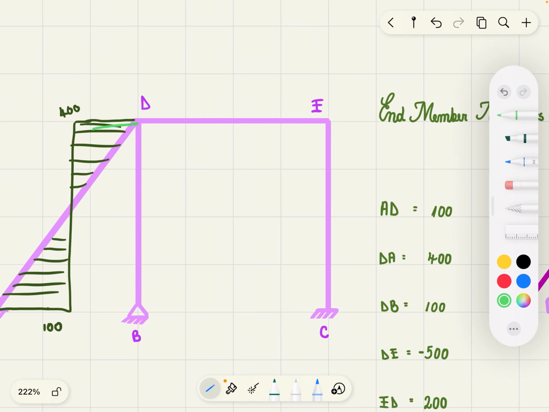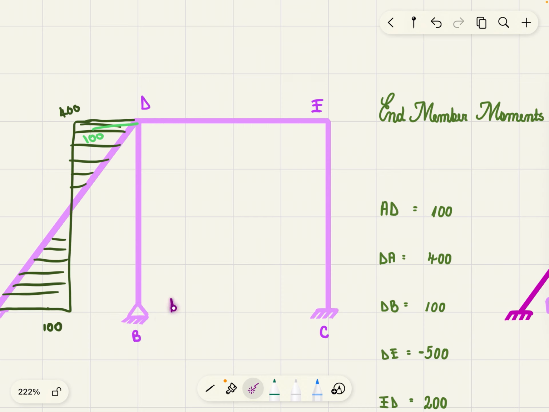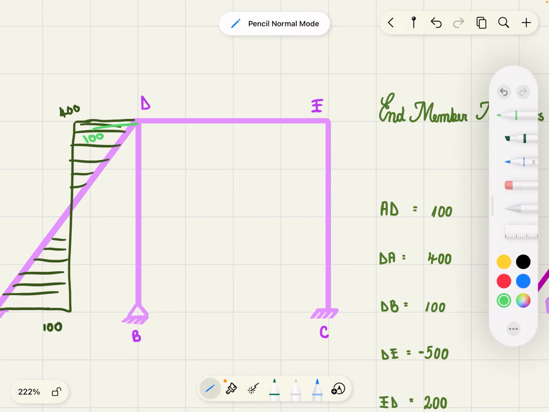So that was 100. And now what about from B to D? We don't have any value of moment because at B we have a pinned end, and moments at pinned ends equal 0. So just a straight line joining member DB on the diagram.